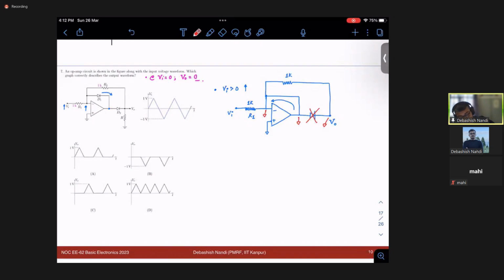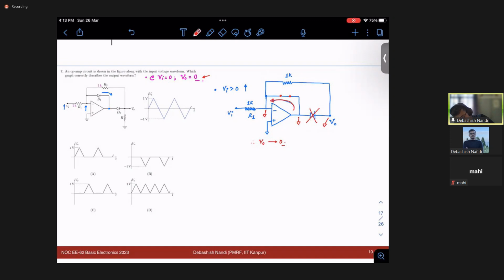This is grounded, these two nodes, and I have negative feedback across this op-amp. So my V0 will keep the same state it was holding, and that was this case. So my V0 will be simply 0. Did you get the point? If you followed the last problem very carefully, then this is pretty easy.